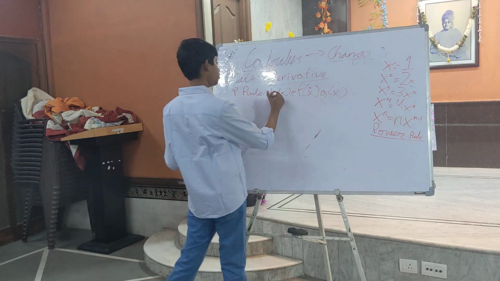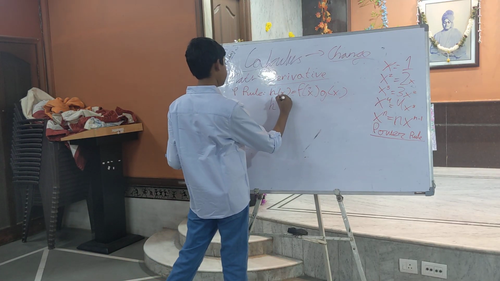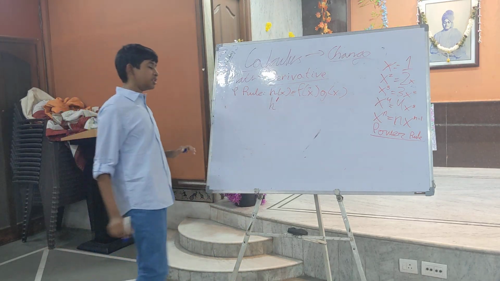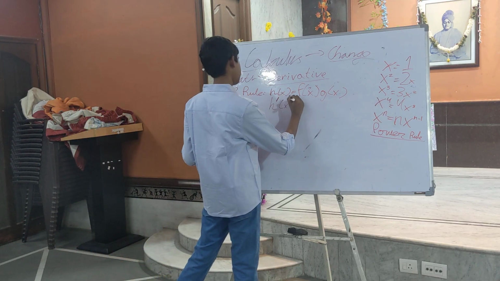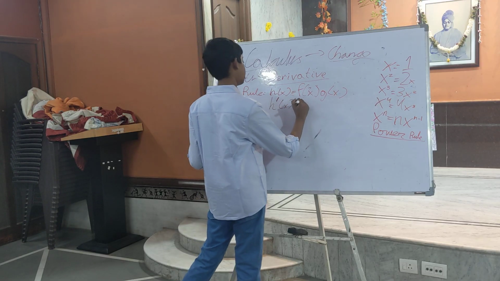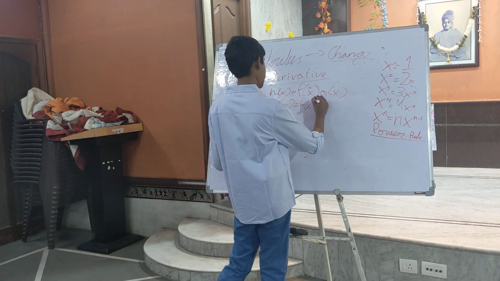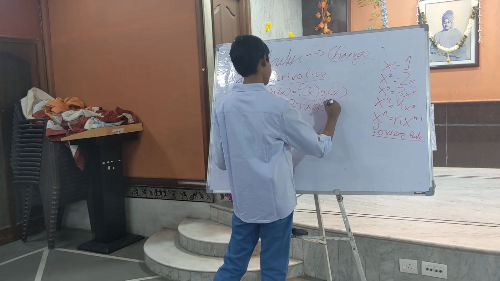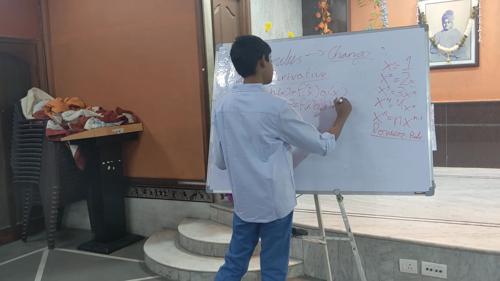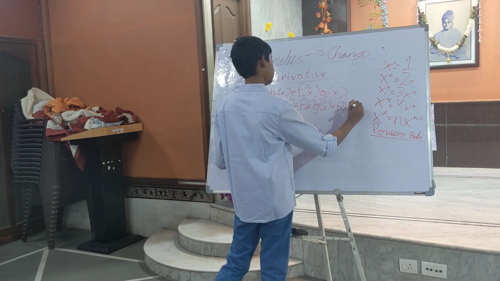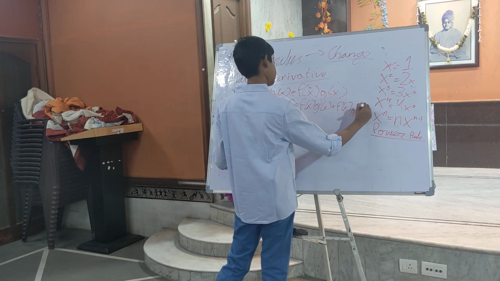Now, I will use this notation h prime. Prime means the derivative. H prime of x is equal to f of x times g prime of x plus f prime of x times g of x.